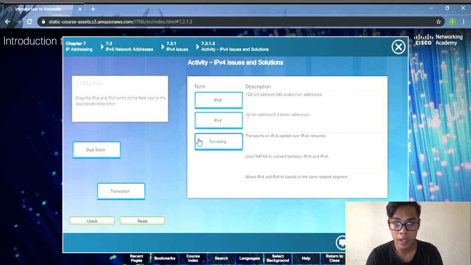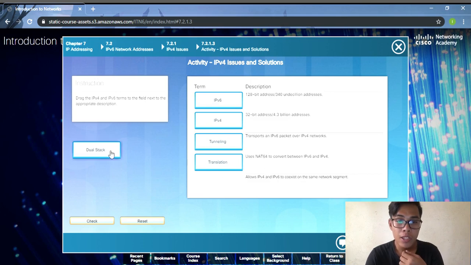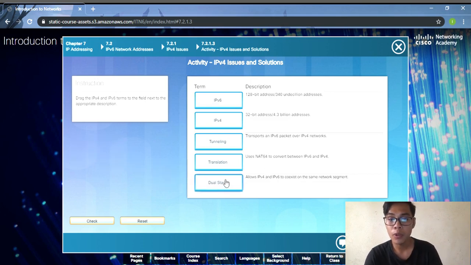It's tunneling. And uses NAT64 to convert between IPv6 and IPv4. So the keyword here is convert, so I think it's translation. The last one, dual stack, allows IPv4 and IPv6 to coexist with each other on the same network segment.